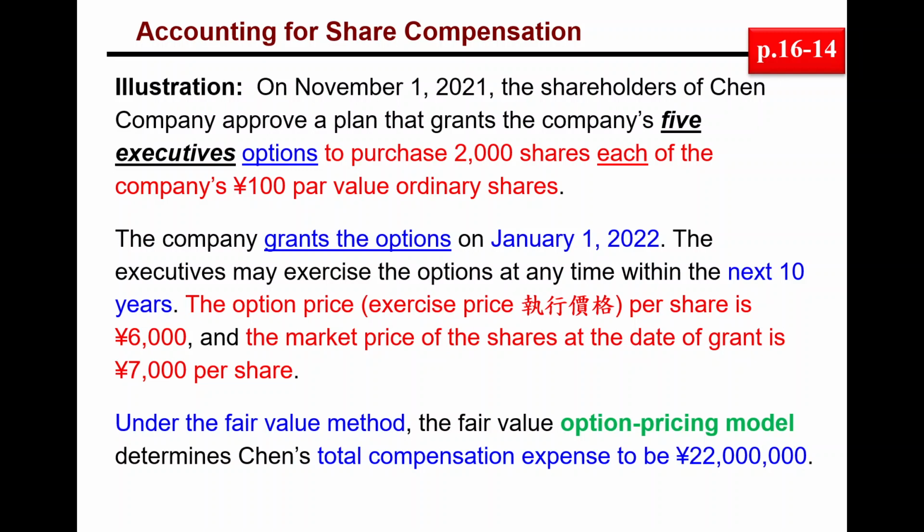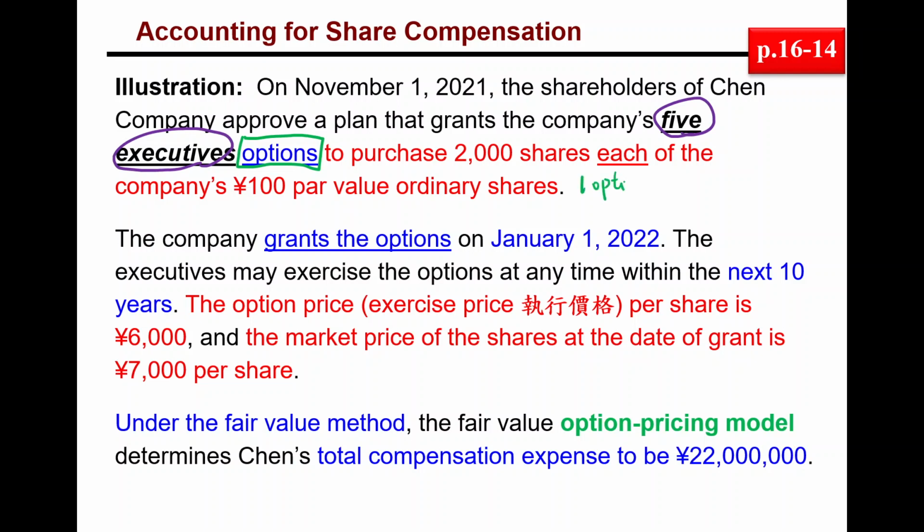On November 1st, your company decided to give 5 employees, 5 managers, options. The options actually give the right to buy 2,000 shares each. So usually one option is for one share.